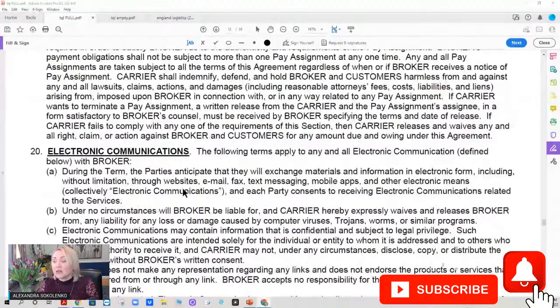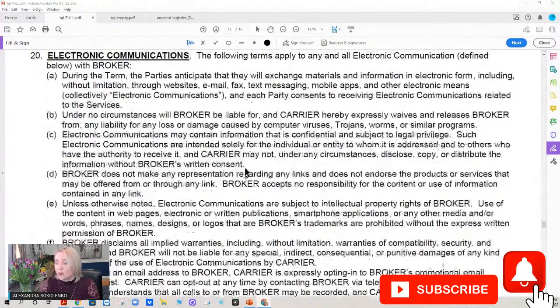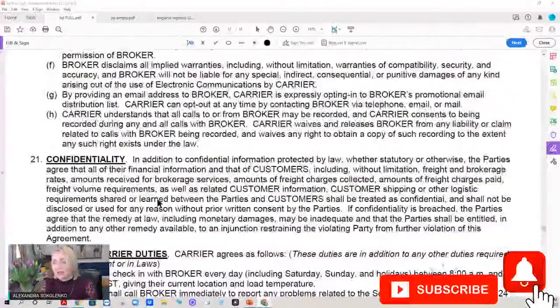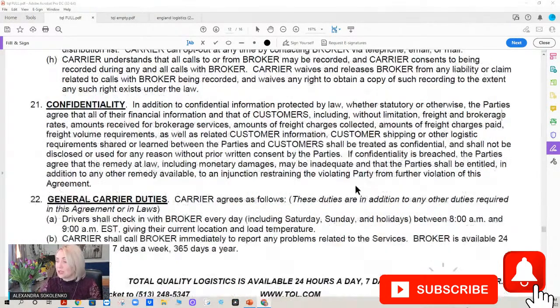What else? Electronic communications, right? They want to make sure that you sign, that you agree, that you communicate. Confidentiality. They don't want you to share the shippers and receivers and all the pickup info, right? So see, they even cover this. You cannot go directly to the shipper after you book 2 loads and try to take that load. Does it happen? It happens all the time.